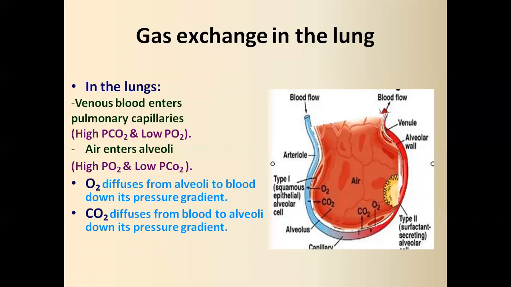Our barometric air pressure is about 760 millimeter of mercury, among which oxygen percentage is approximately 20%. Among these, the partial pressure is also equally divided for each of the gases, and that's why it is approximately 104 millimeter of mercury pressure within the alveolar cavity.